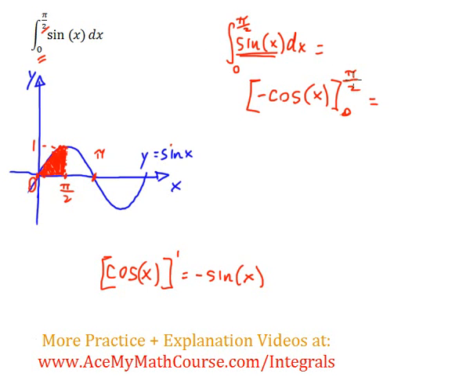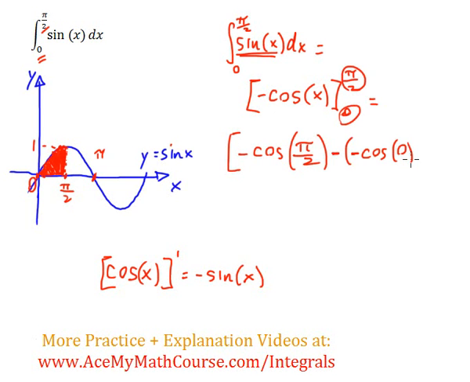Now, all we need to do is plug in the pi over 2 first, right? Pi over 2, and subtract negative cos of 0.